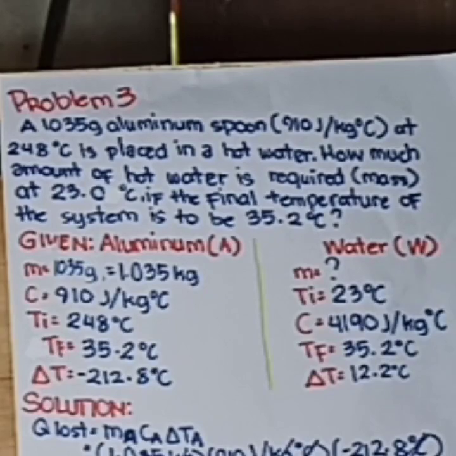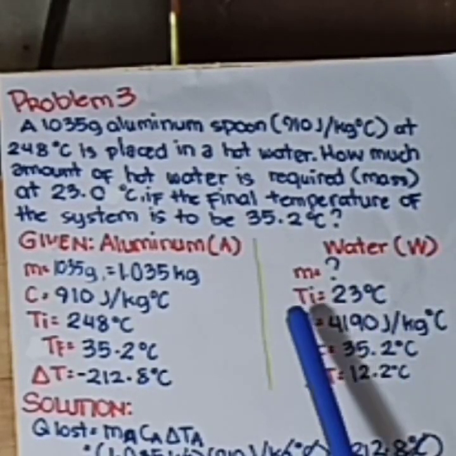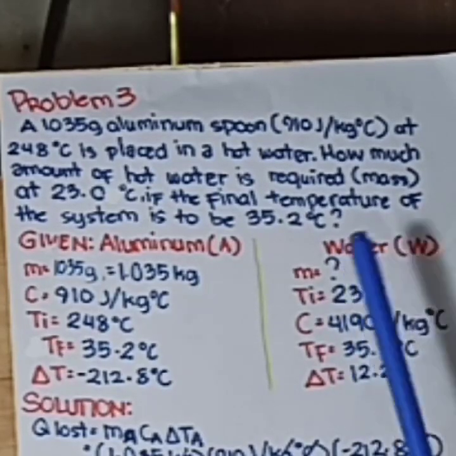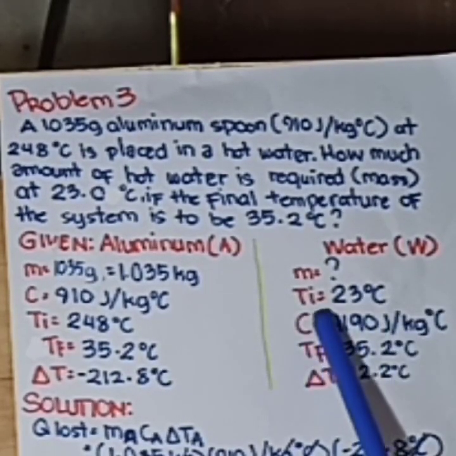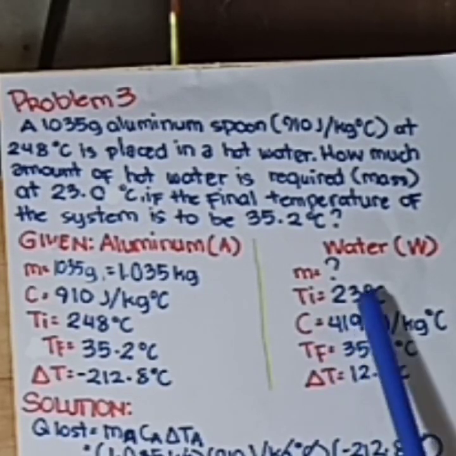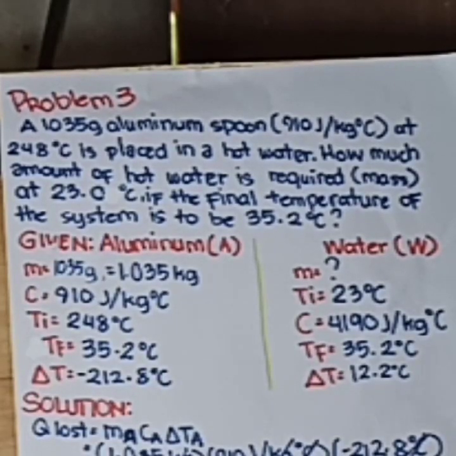So next is the water. So we put the letter W. So the mass is missing, so we're going to put a question mark. So next is the initial temperature. We have 23 degrees Celsius and the specific heat is 4,190 joules per kilogram degrees Celsius, and the final temperature is 35.2 degrees Celsius.